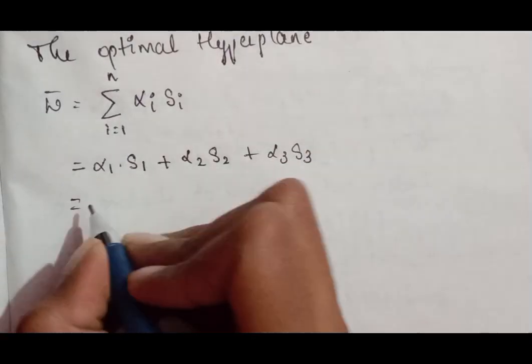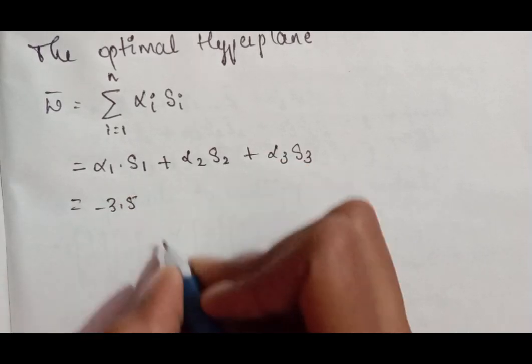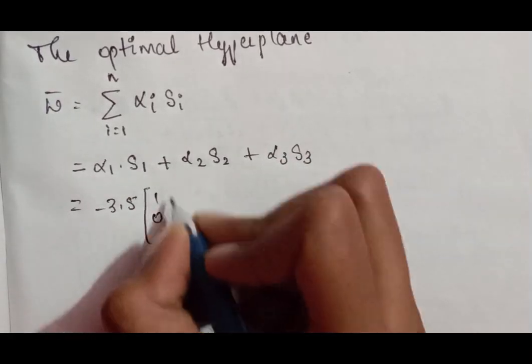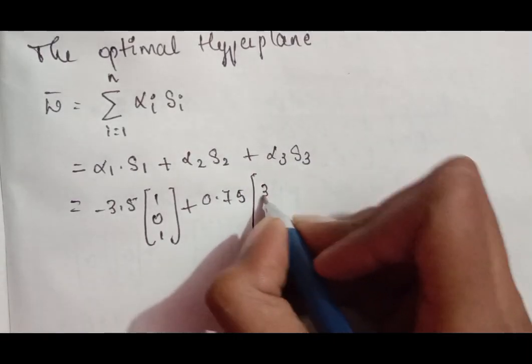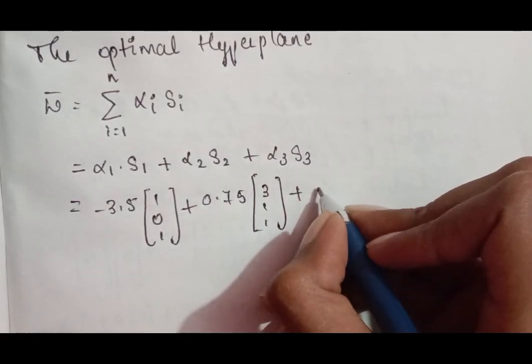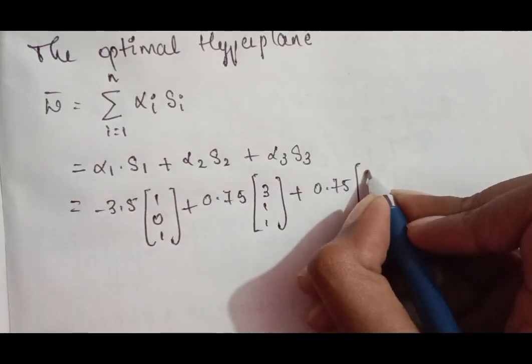Fine. So now we know the value of alpha 1 is minus 3.5, S1 is (1, 0, 1), right? Next, alpha 2 is 0.75 and S2 is (3, 1, 1), and alpha 3 is 0.75 and S3 is (3, minus 1, 1).